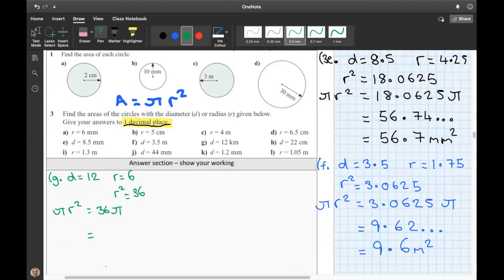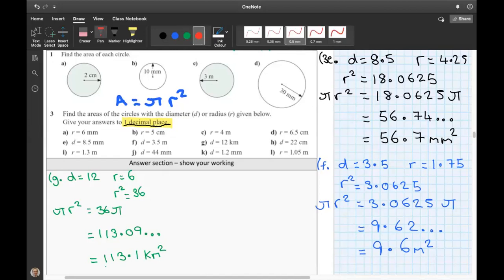That's going to be 113.09... And we're rounding that to 1 decimal place. So this 9 is going to round the 0 up to a 1. So we're going to have 113.1. Now this was a very large circle because its diameter was in kilometers, so its area will be kilometers squared.